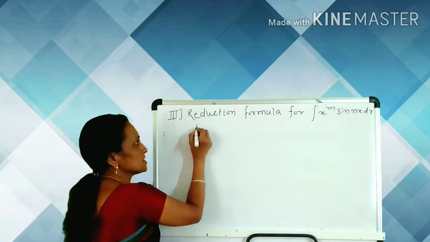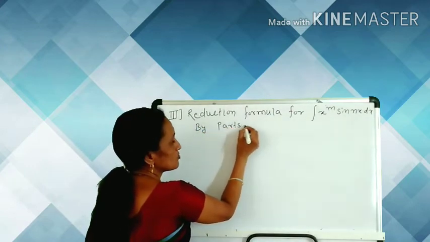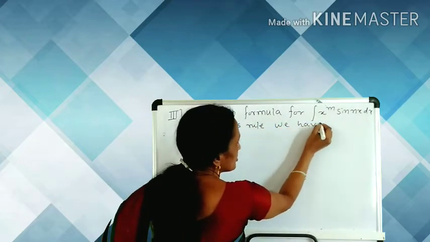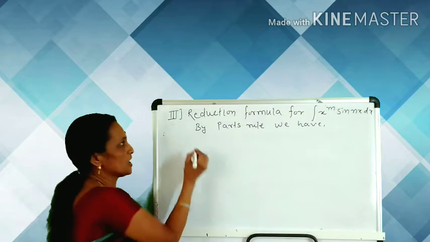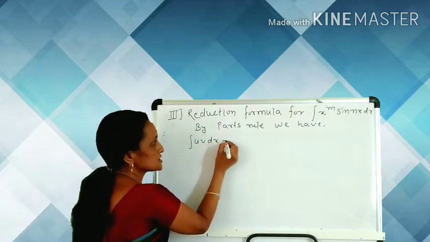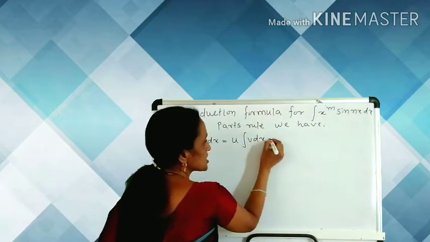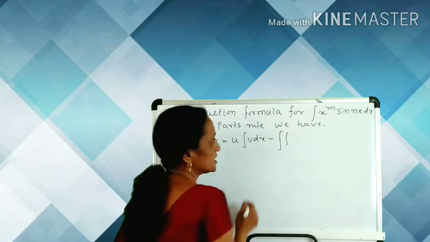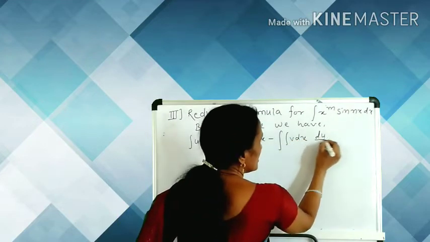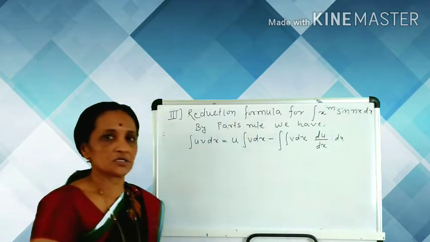I write here the by parts rule: integration of uv multiplied by dx is equal to first function same, integration of second, minus integration of the integral of the second function multiplied by derivative of the first function, and here multiplied by dx.